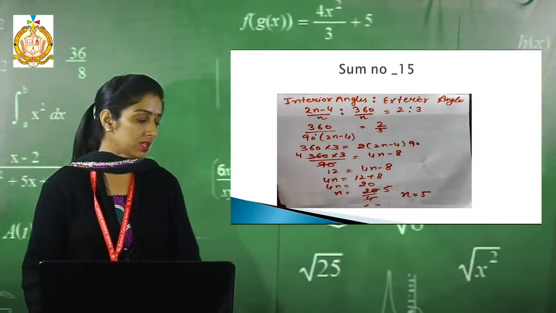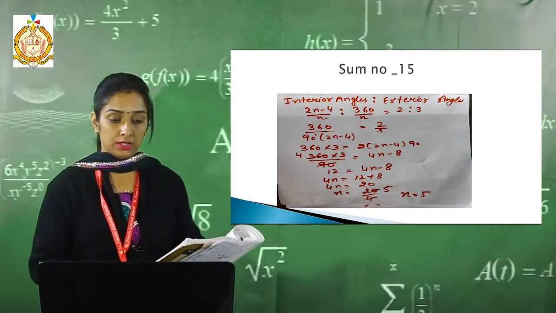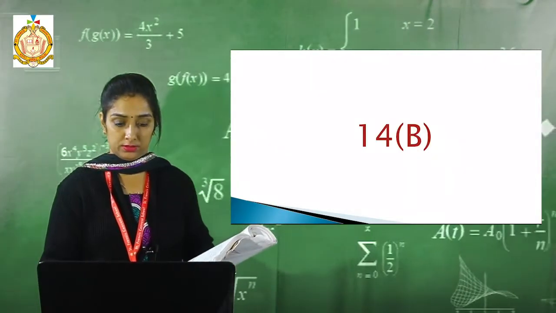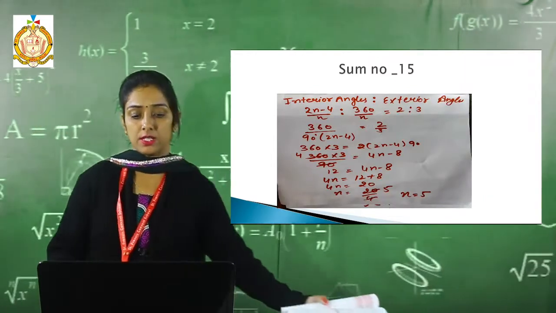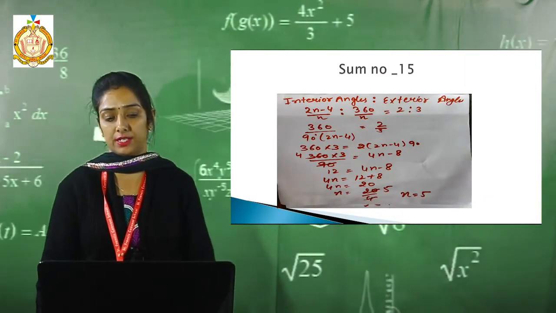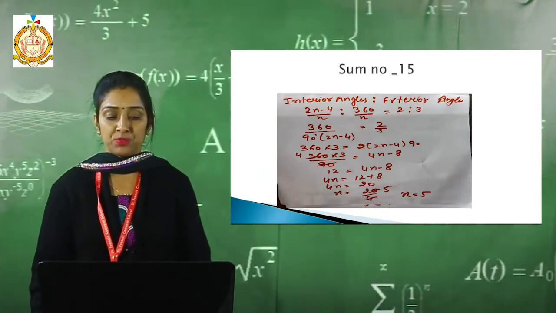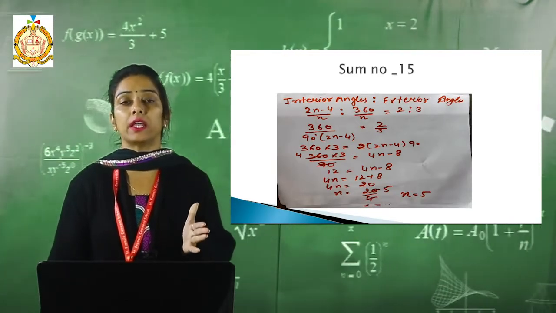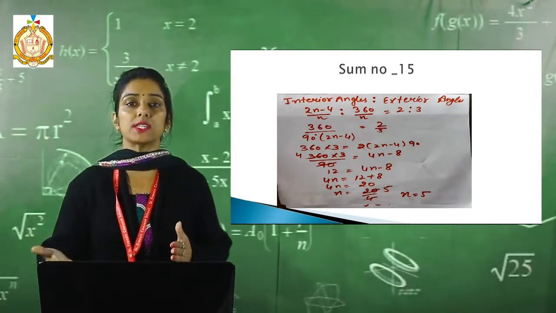Okay. Now see question number 15. In question number 15 there are interior and exterior angles, and the ratio given is 2:3. Now we know that the interior angle is equal to (2n minus 4) over n, and what is the exterior angle?